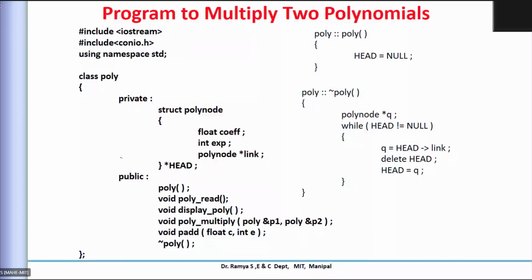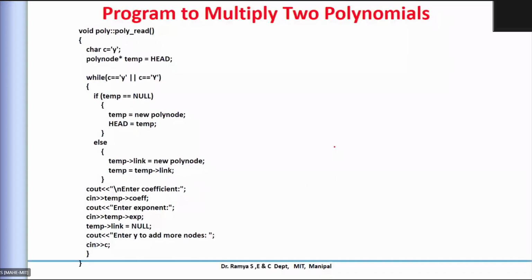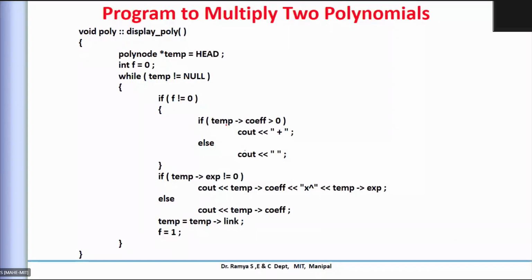We have to remove this head, which is itself a pointer, so you need to delete all the nodes. That is what you do for the destructor part. Now this is the read; I won't go into it, it's the same as the previous one. Even display is the same. This is where I'll be highlighting.